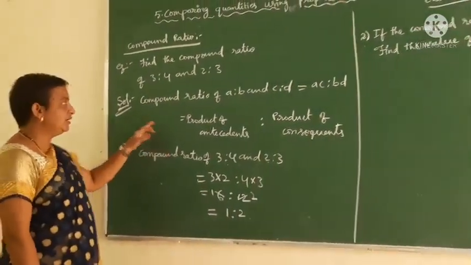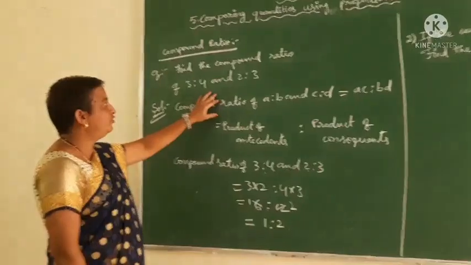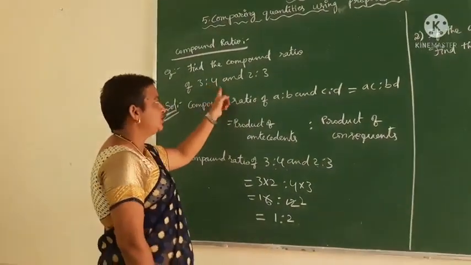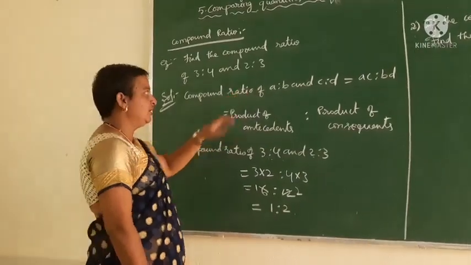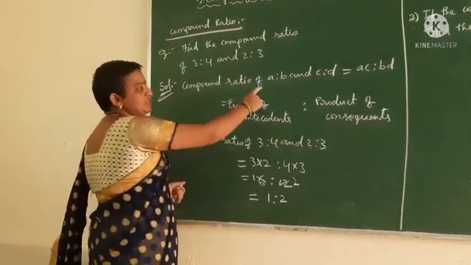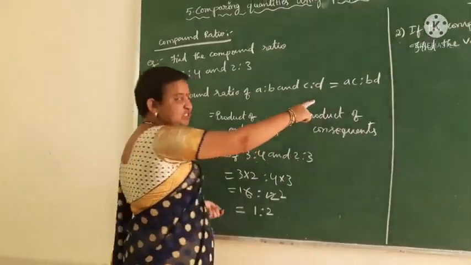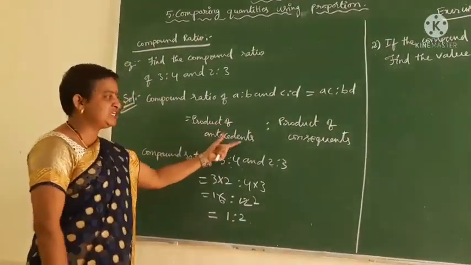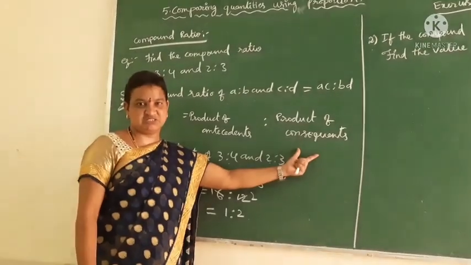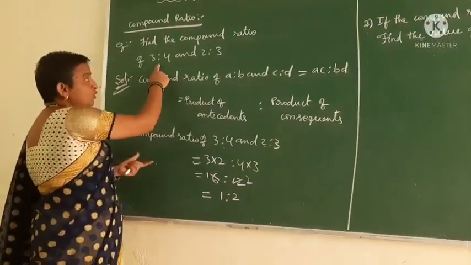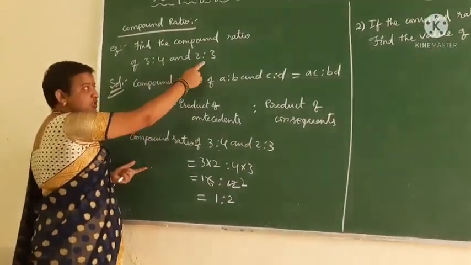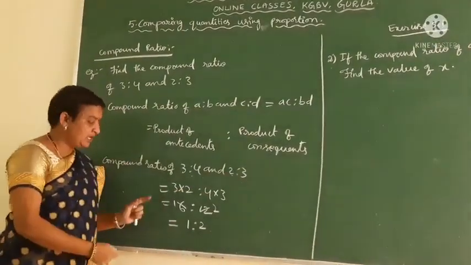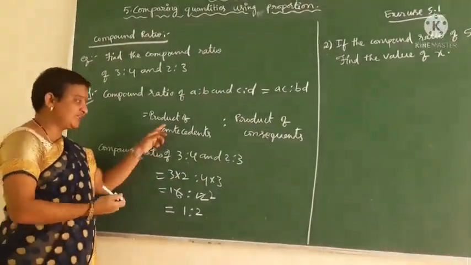Again I will explain. Compound ratio of 3:4 and 2:3. We need to find the compound ratio of these two simple ratios. Compound ratio of A:B and C:D is equal to AC:BD. That means product of antecedents to product of consequence. So the compound ratio of 3:4 and 2:3 is equal to product of antecedents.